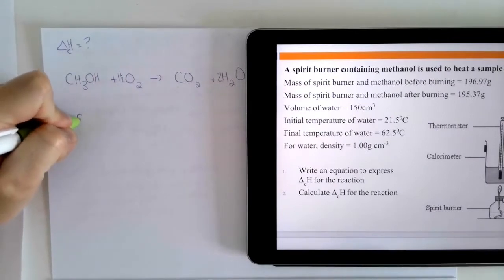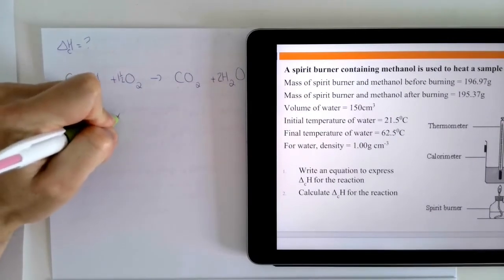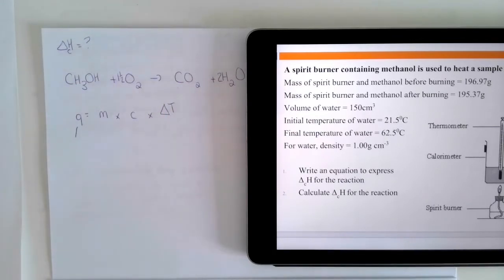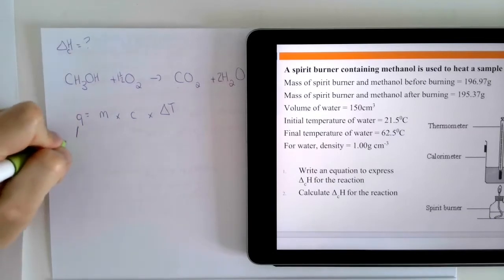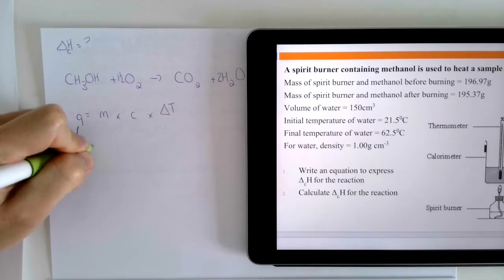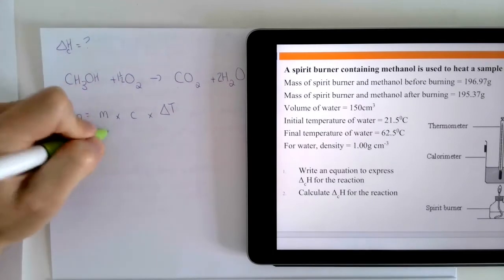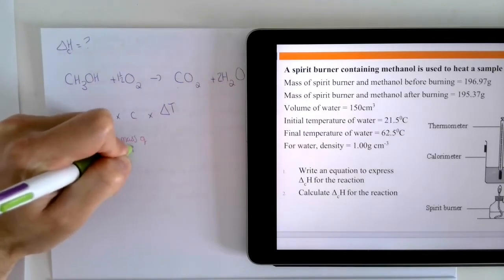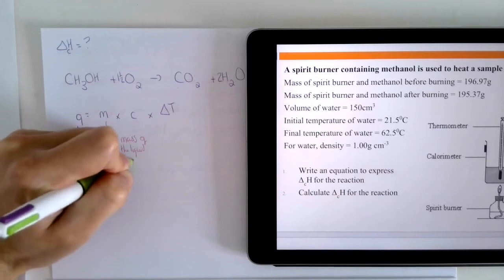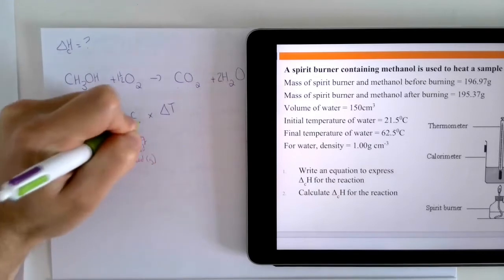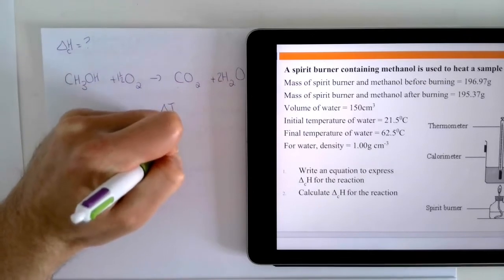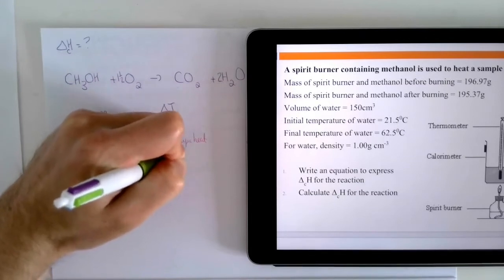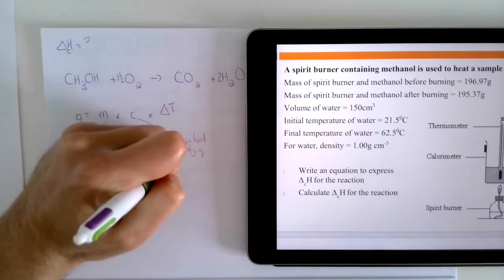You can use this equation. Q is m times c times delta T, where Q is the heat energy, measured in joules. m is the mass of the liquid heated, in grams. c is the specific heat capacity of the liquid that is heated.